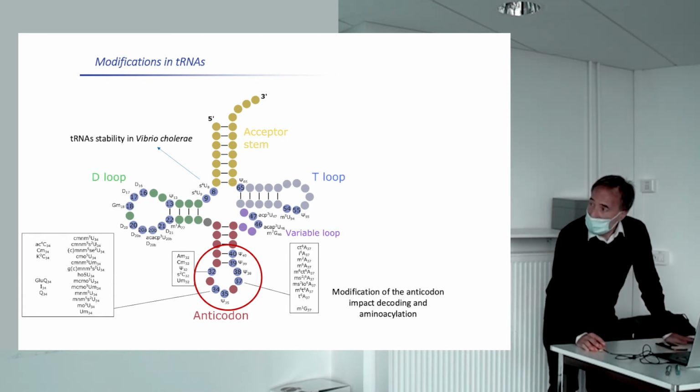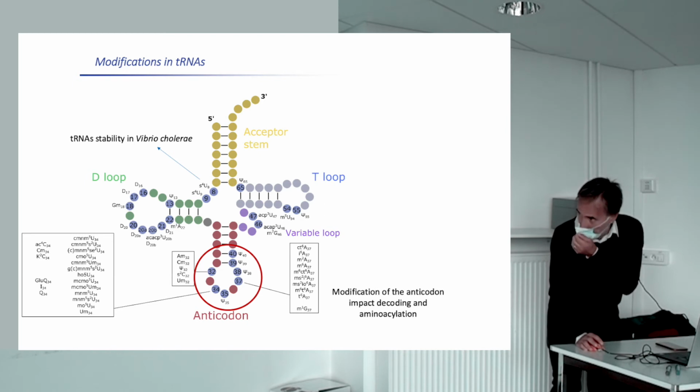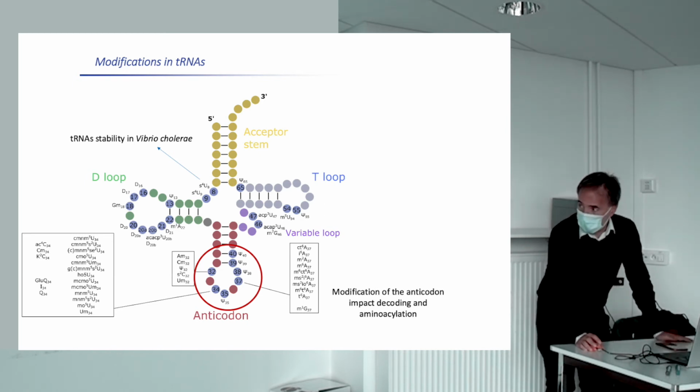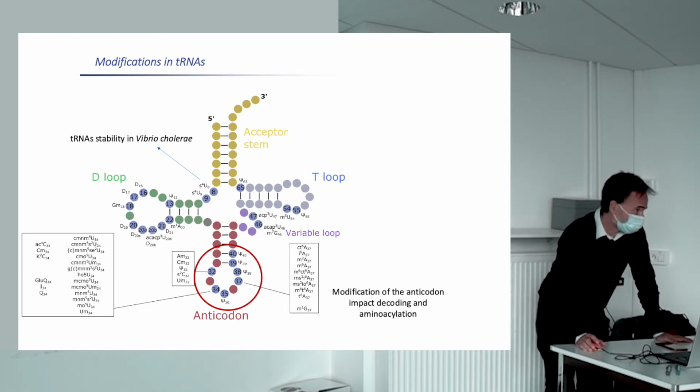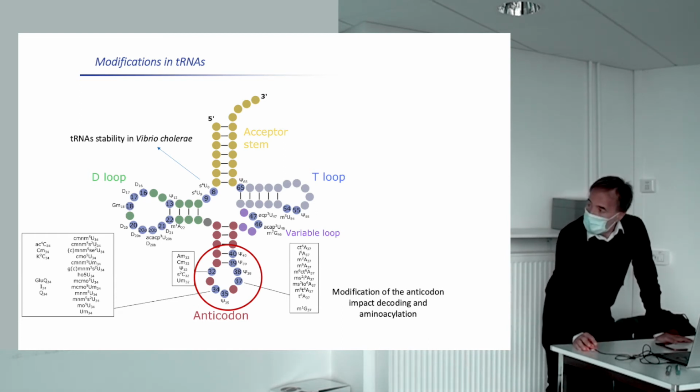The nucleotides that can be modified in position 34 are uridine, but also guanosine, not only uridine. Then at position 35, there are not too many modifications, but some tRNAs have a pseudouridine in position 35.